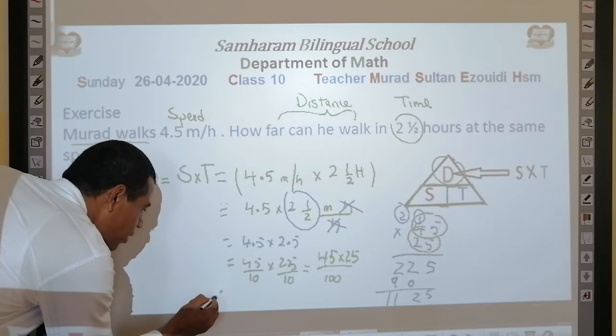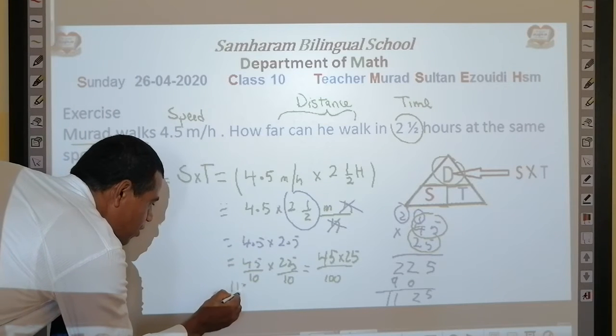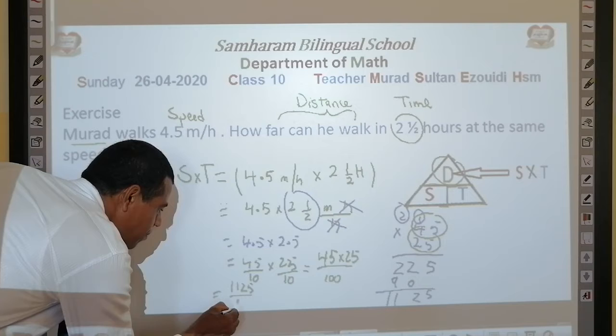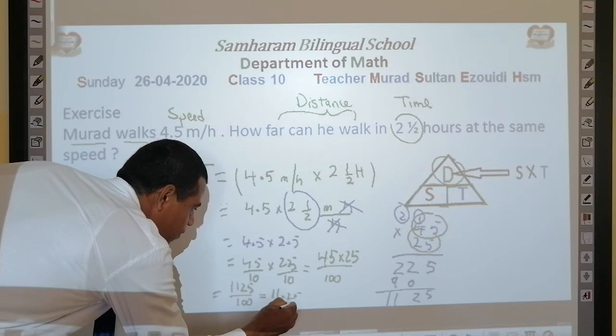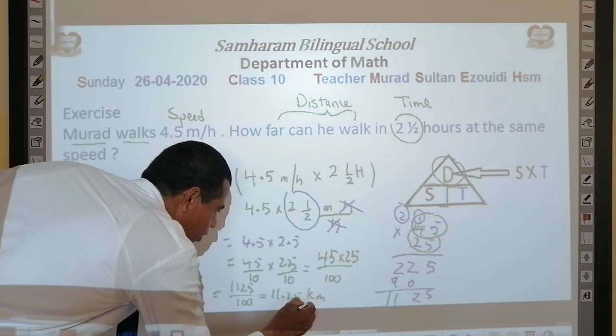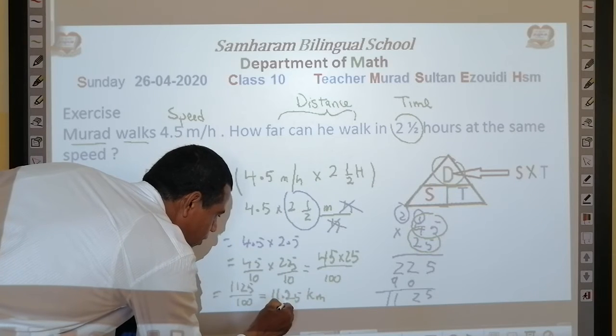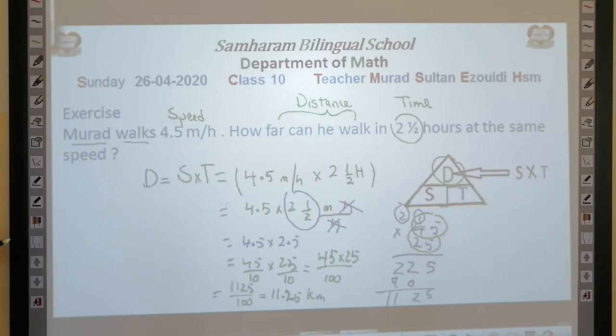So it will be equal to 1125 divided by 100 gives 11.25 kilometer. Okay? The next, my learners. Okay. I will just change the battery.